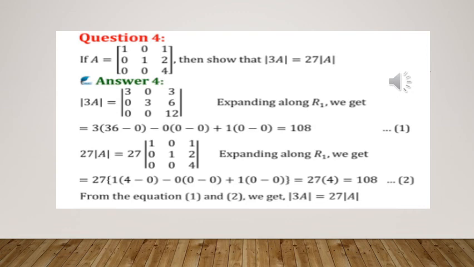So 1 into the value of the determinant, minus the second element 0 into the other value, plus, the sign of 1 is positive only. So 1 into the value of the determinant obtained by deleting the row and column. We get the answer as 108. So here also we see that determinant of 3A is equal to 27 determinant A.